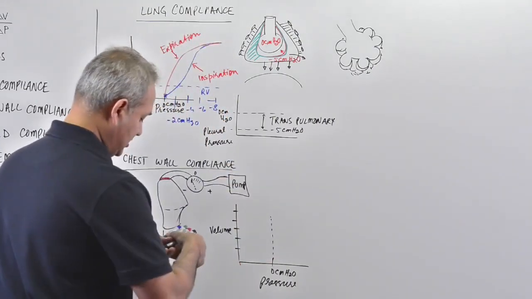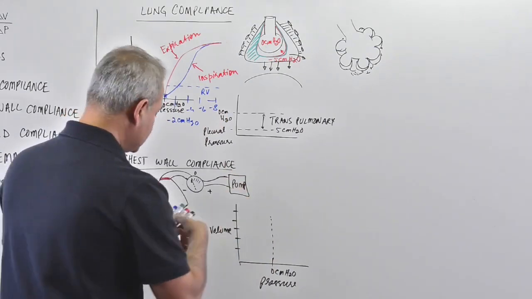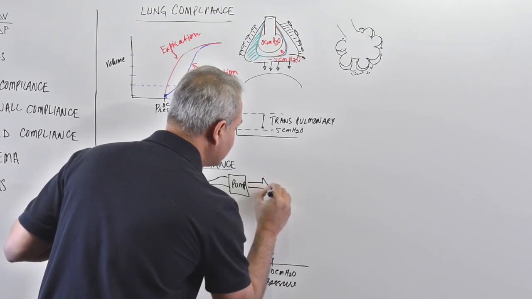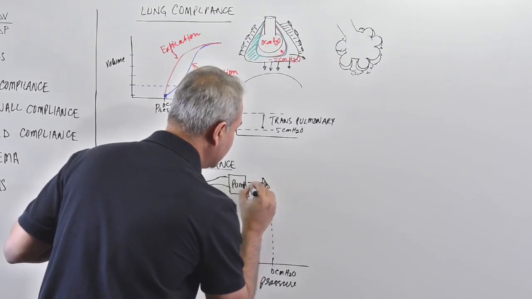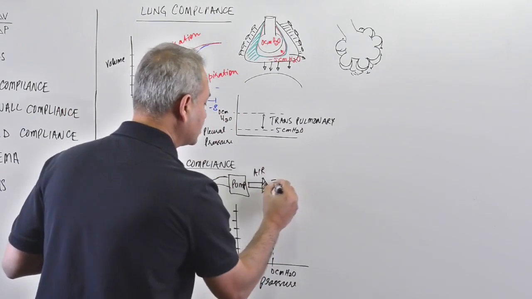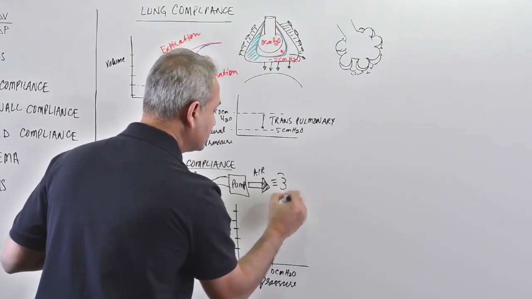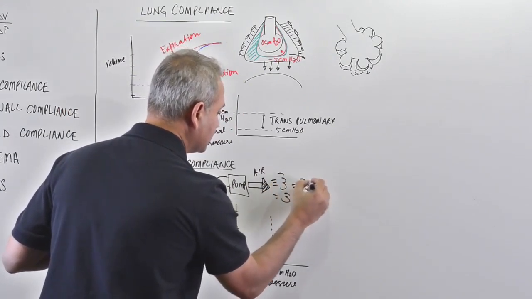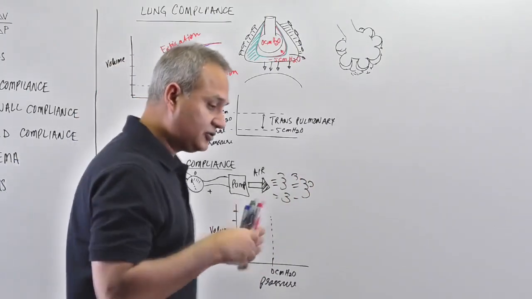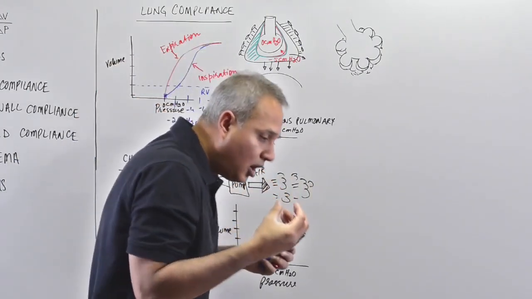So what will happen is, let's say this is the air, and you turn the pump on and start pulling the air out. So the air is going out. What do you think will happen to the volume as you pull the air out?